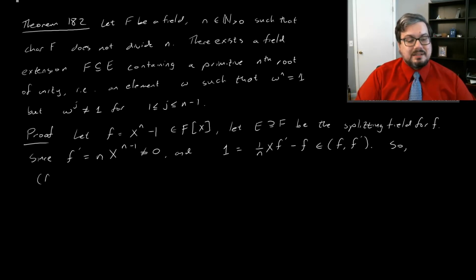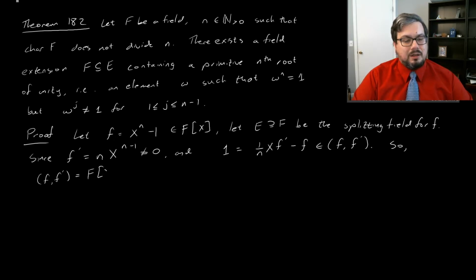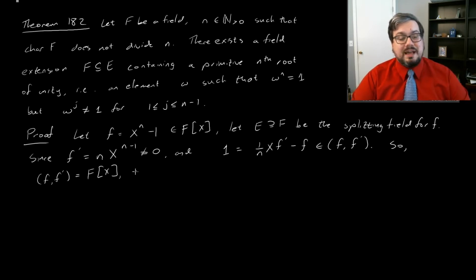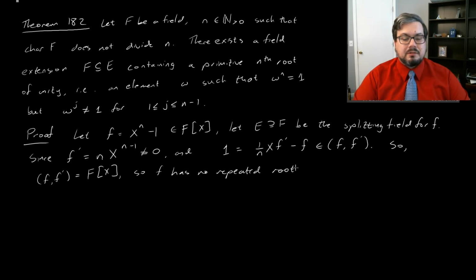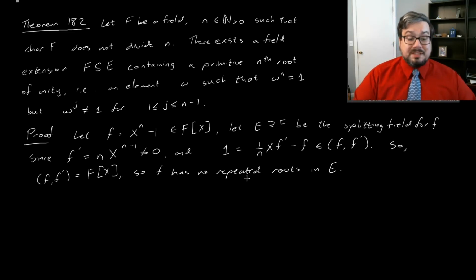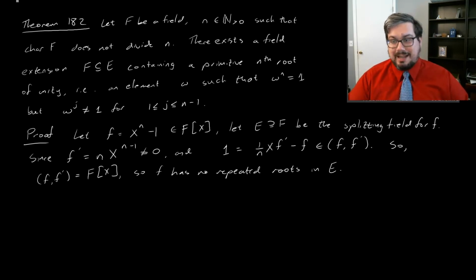So this means that f and f prime generate all of the polynomial ring F[x]. And so remember that this shows that f has no repeated roots in E. So the ideal generated by a polynomial and its derivative being the whole polynomial ring shows that f has no repeated roots in any extension field.